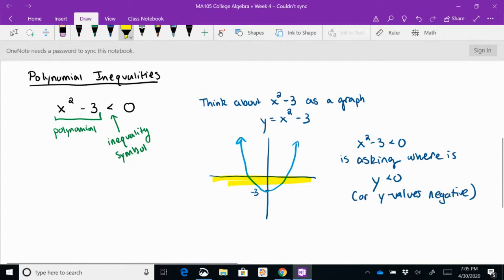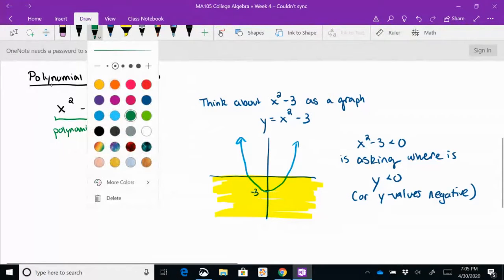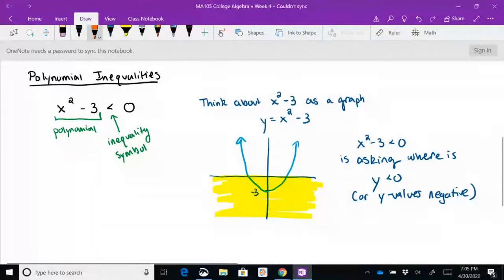So everything underneath here, this is the negative area of the y-axis. So we're saying where is our graph negative? Where is it below the x-axis? And that is in this section right here. Our graph is below 0 for this section of the graph.